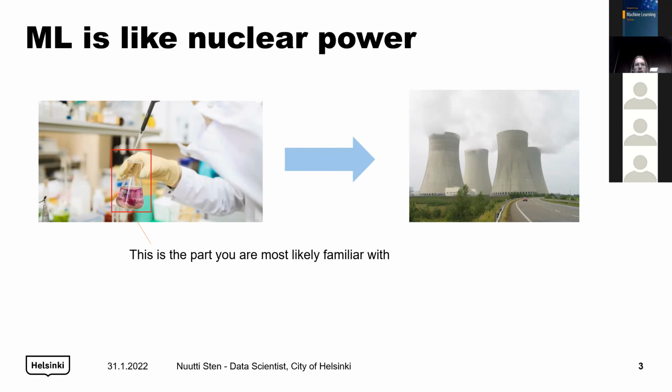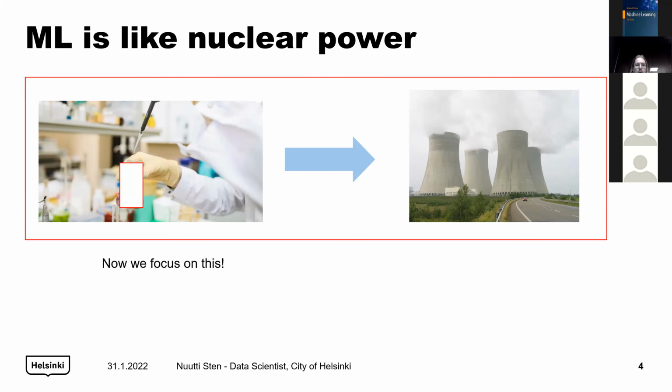So there's no real interaction with the machine learning models that you use. And so you don't even have to care about building up the laboratory or a whole power plant of machine learning. And that's the topic of today: how do we build everything around the algorithms themselves so that we can actually utilize machine learning in practice.